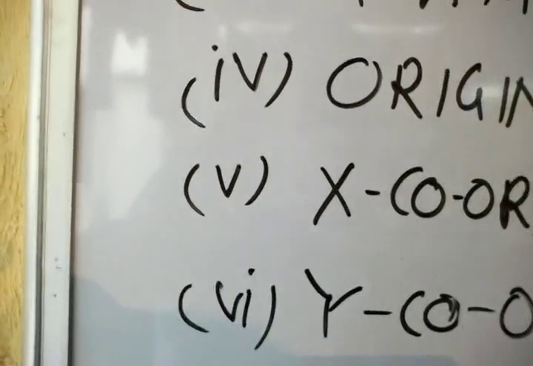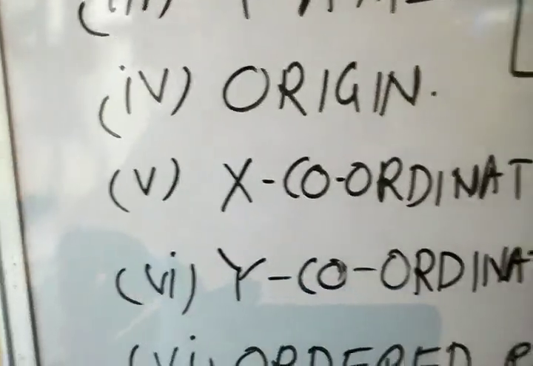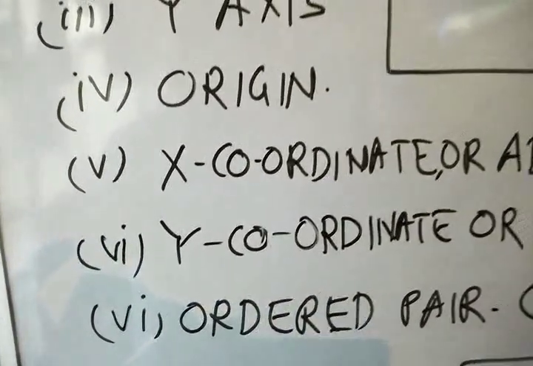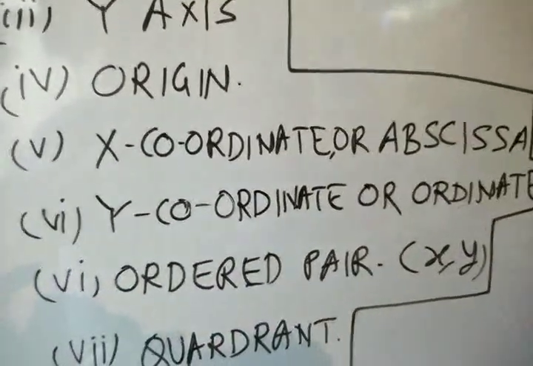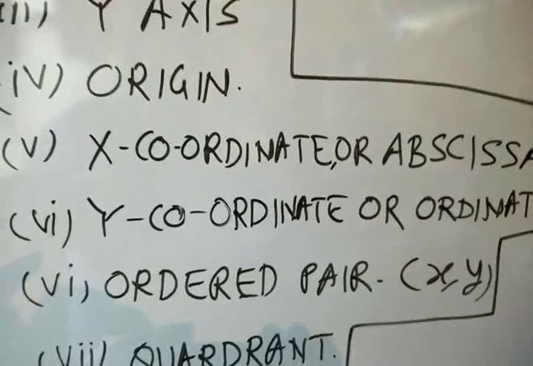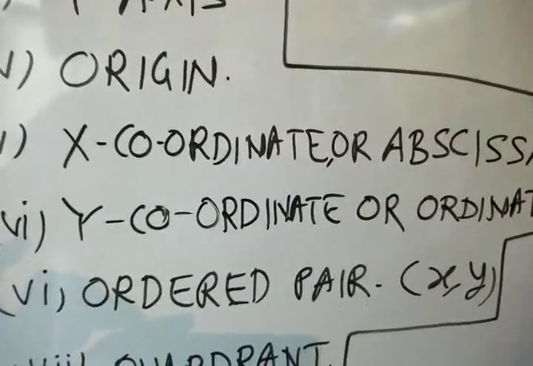Then we come to know about the x coordinates and y coordinates, the x coordinate or abscissa and the y coordinate or ordinate, that you have read in class 8 also.